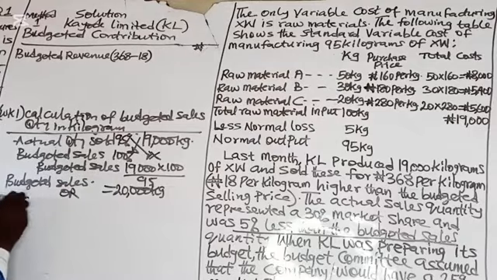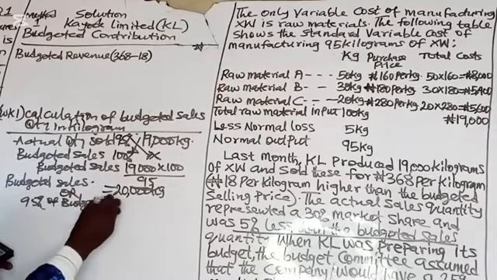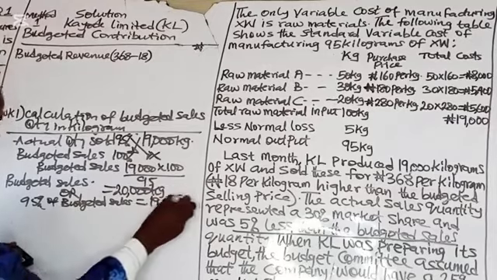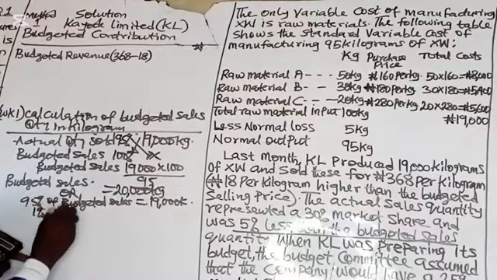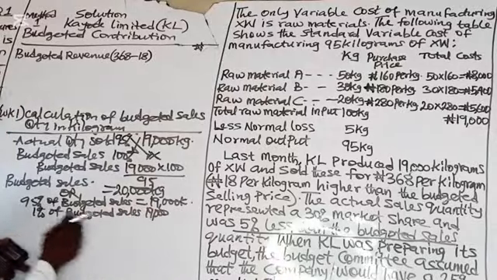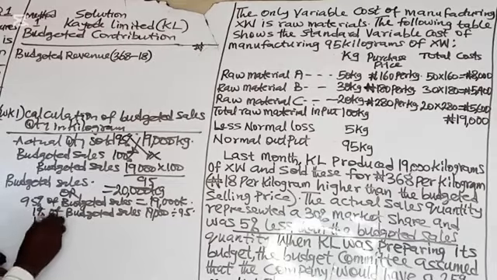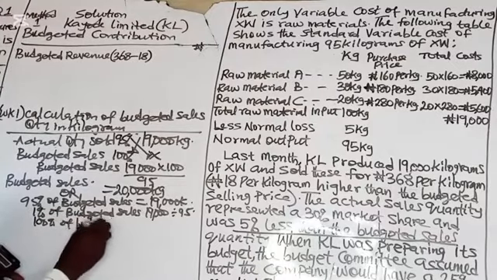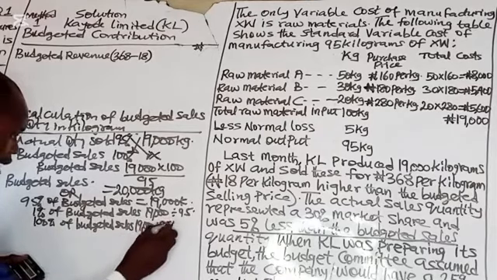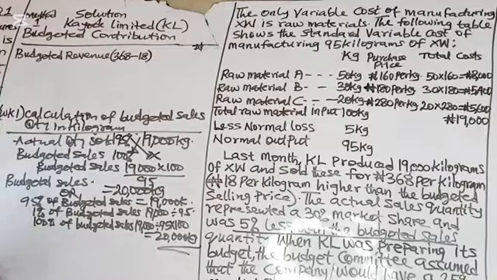Or I can say 95% of budgeted sales equals 19,000 kg. Therefore, 1% of budgeted sales will be 19,000 divided by 95. Now 100% of budgeted sales will be 19,000 divided by 95 times 100. And that will give us 20,000 kilograms. So our budgeted sales is 20,000.